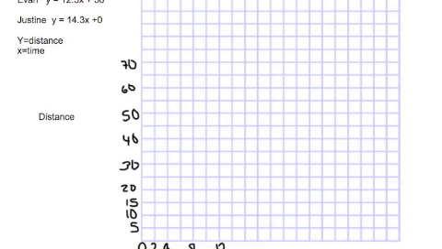For Evan, he started at 50 and he's going up by 12.5 per second. So what that means is he's going up by 25 per 2 seconds. So 25 would make him at 75. And that's the line for Evan.